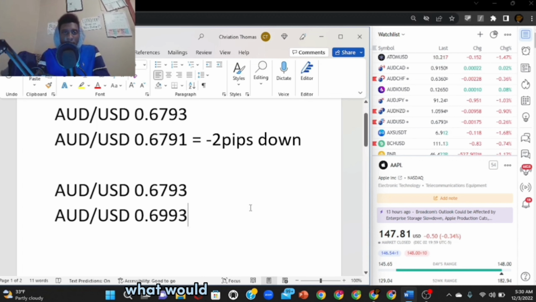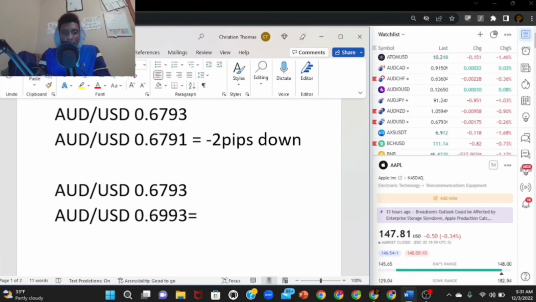What would the pip count be for this one? Hopefully you said 200 pips. I'm going to show you why, and how to count it out.